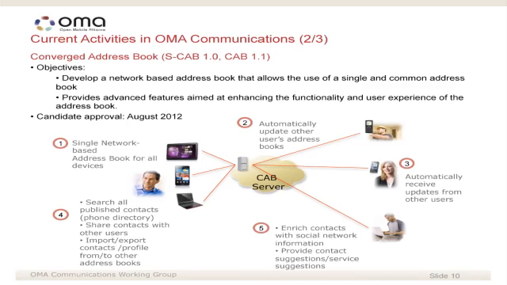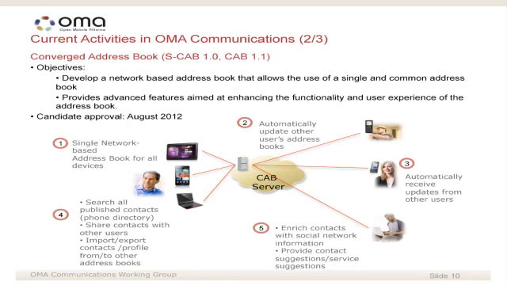Some of the features shown here are that you have a single network address book for all types of devices. When you have your address book in the network, you're able to automatically update, based on the changes you make on your address book, other users' address books as well. Also being able to automatically receive updates from other users, based on the subscription you make to the network address book of the other users.